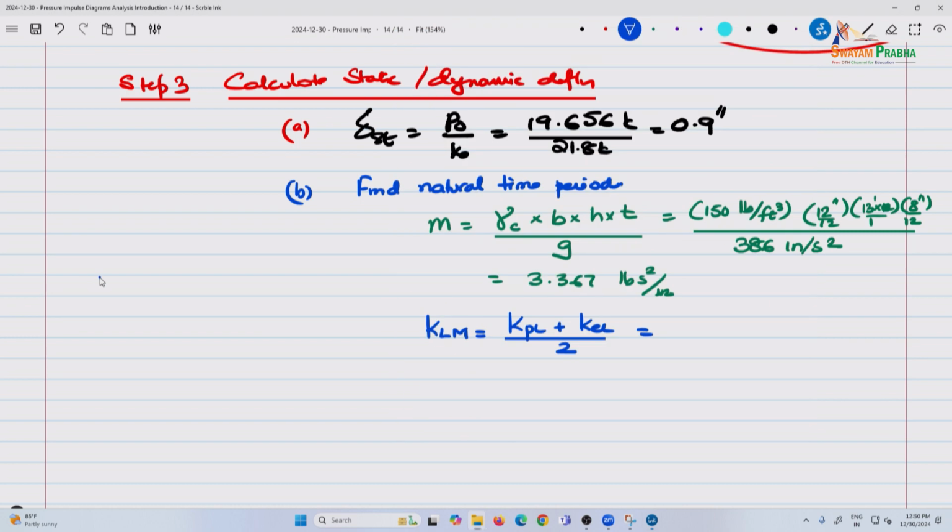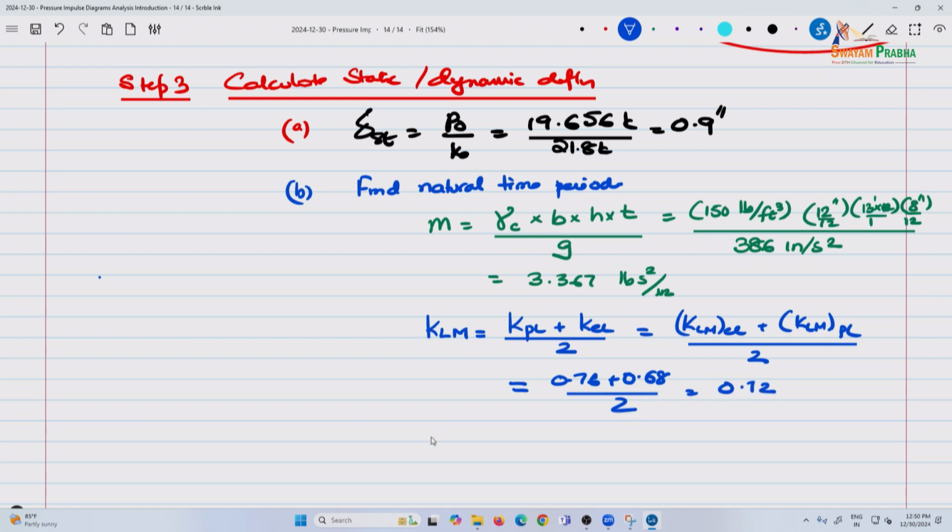So this is KLM elastic. There are several factors, so use KLM plastic, that is Km by KL divided by 2. So this is 0.76 plus 0.68, I believe. So the effective mass is KLM multiplied by M. Here's your KLM, and M comes to 2.4.